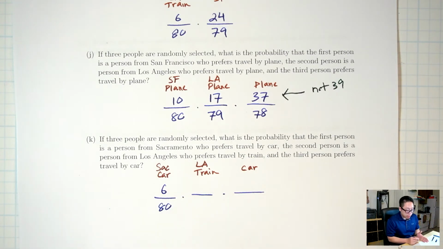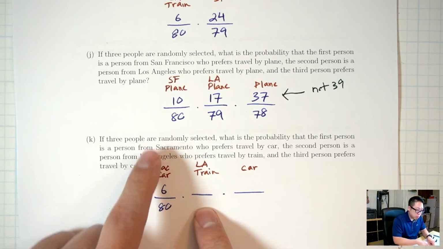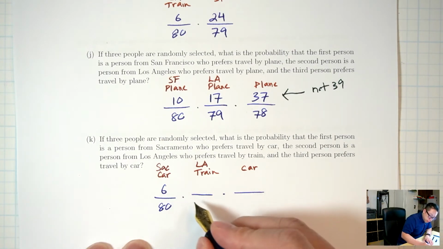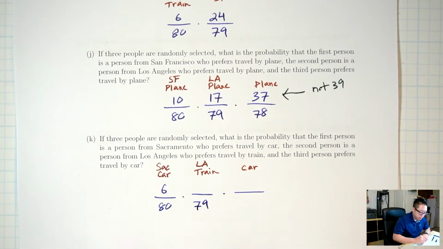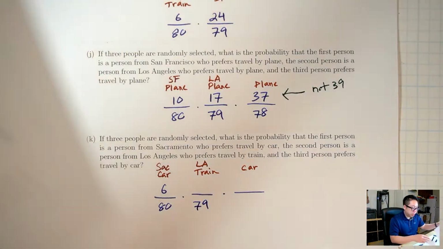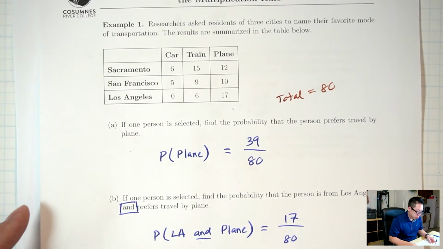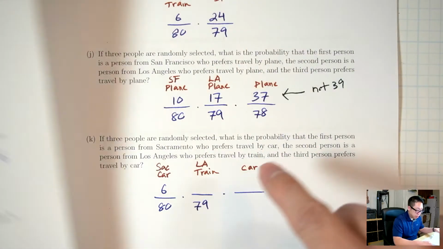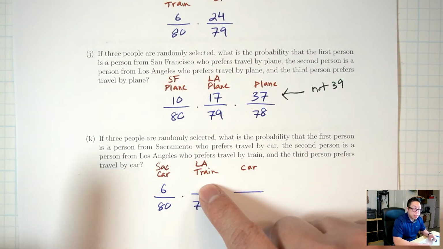Okay. Second fraction, keeping in mind that you already picked one person, which means we're down to 79 on the bottom. For the top, I want LA train. LA train is 6. Okay, and the question is, is it 6 or is it 5 or is it 4?